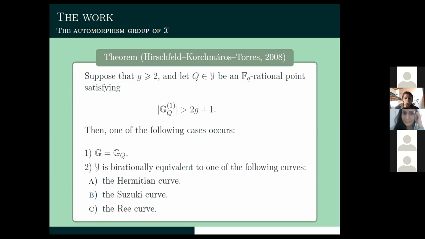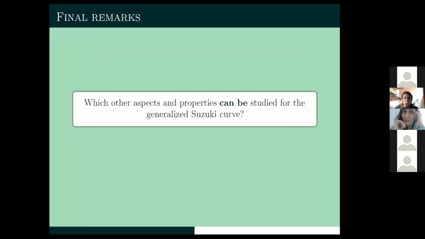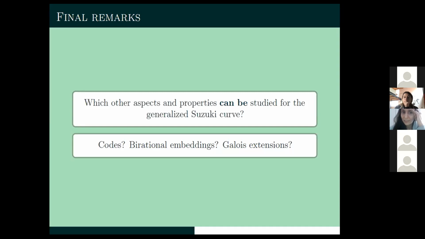And so this ends the main 3 talks that we analyzed. I would like to ask, to end this talk, which other aspects can be studied for the generalized Suzuki curve, perhaps codes, birational invariants, Galois extensions, other aspects.